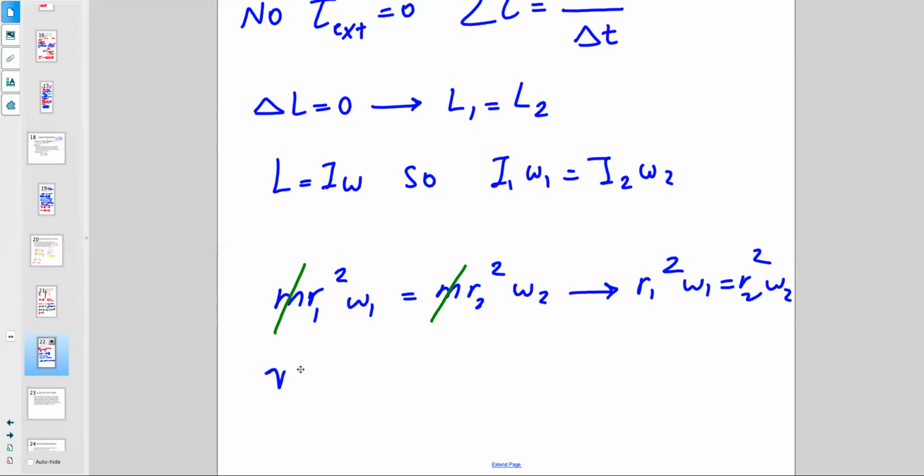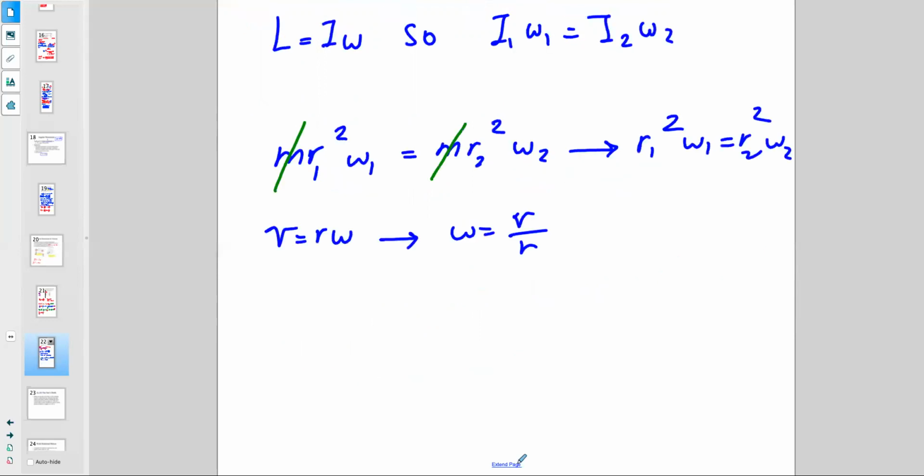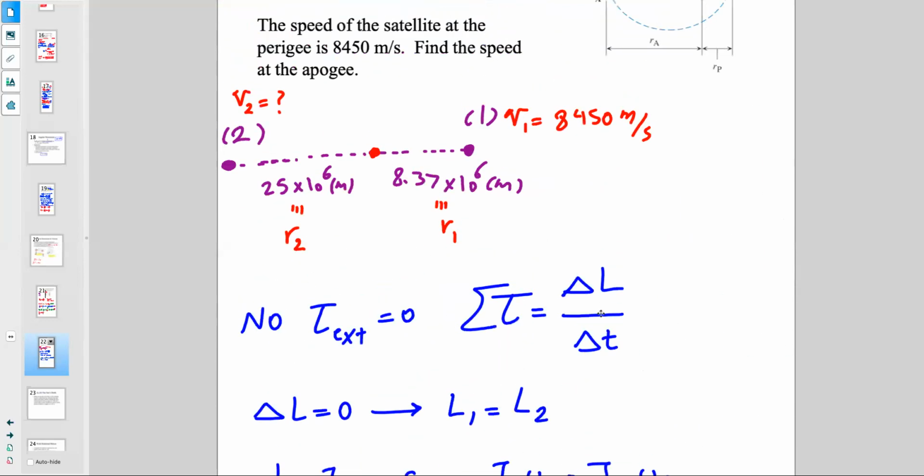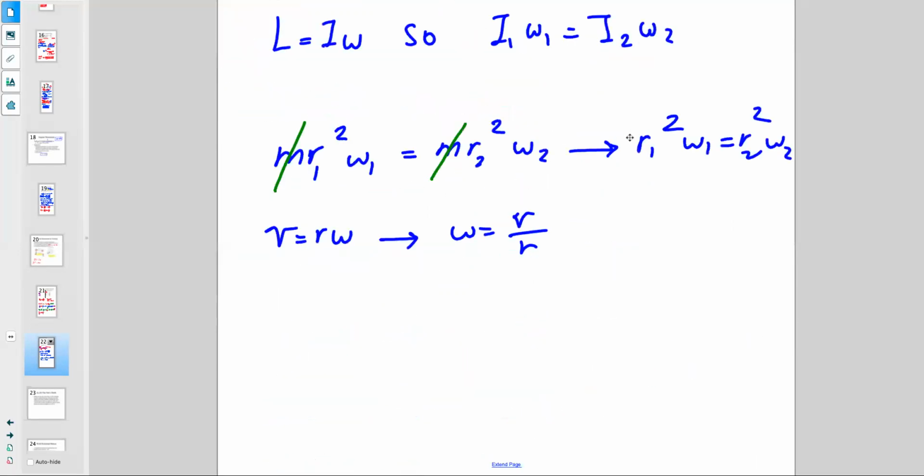And v is r omega. Okay, that's what v is. And so omega is v over r, or velocity over r. The reason that I say this is because the velocity is given to us, 8,450 meters per second.